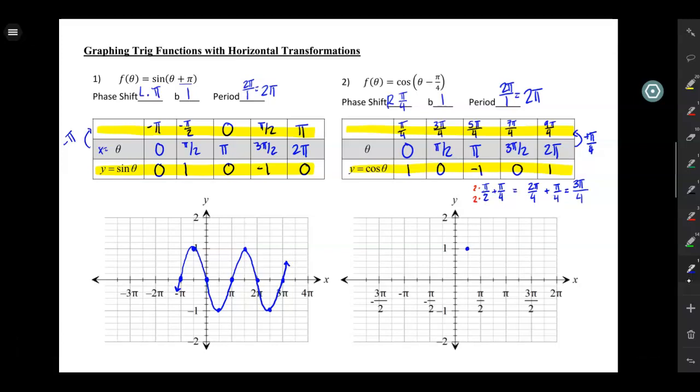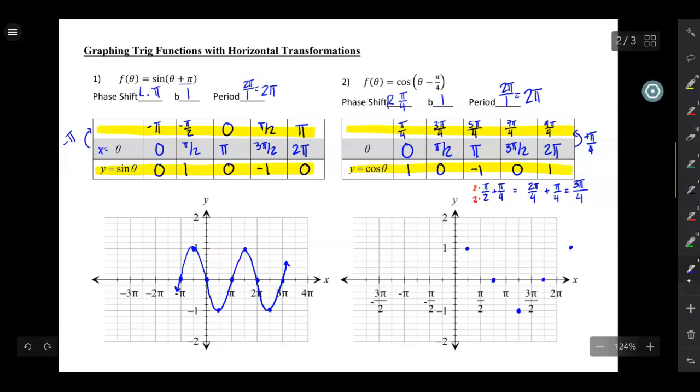When x is 3 pi over 4, which is right between pi halves and pi, my function value is 0. At 5 pi over 4, I'm down at -1. And then at 7 pi over 4, I am at 0. And then this next one, 9 pi over 4, is actually off the graph a little bit.